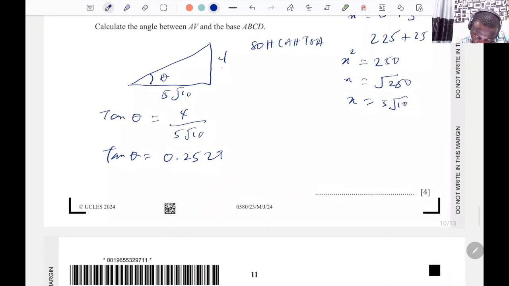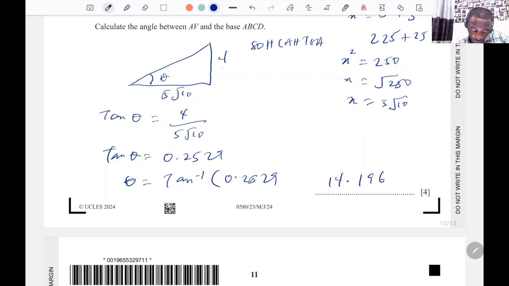So theta is equal to tan inverse of 0.2529. Second function, tan, answer, that will give us 14.196. I can just say approximately 14.2.